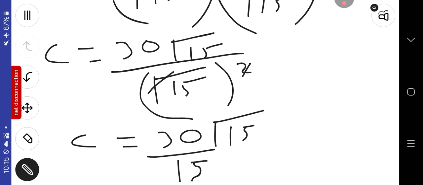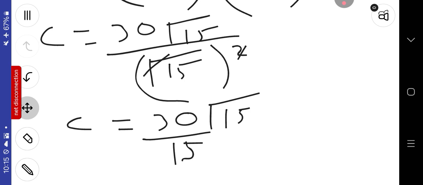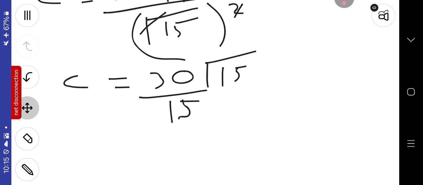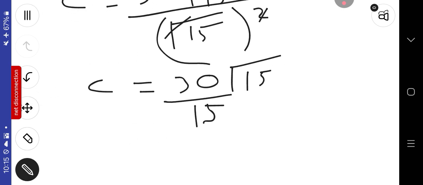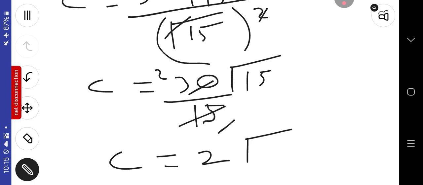Okay, all right. Now we know that 15 cancels itself once, and 15 goes into 30 two times. So c is equal to 2 root 15.